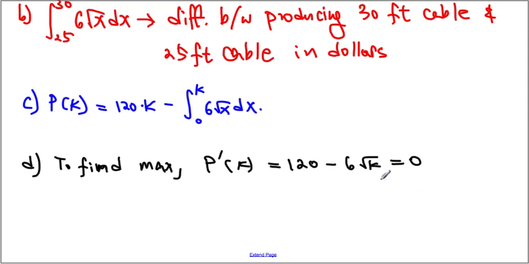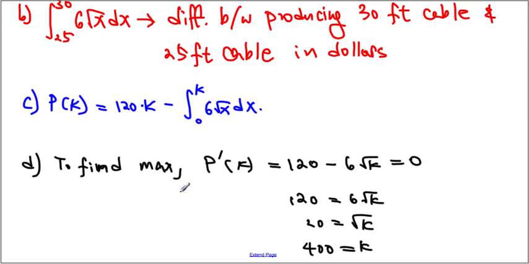Then we get to realize that this is rather simple. 120 equals 6 square root of K. Dividing by 6, we end up getting 20 equals square root of K. Then K becomes 400. Now, when you do the number line test, K being 400, when K is less than 400, let us say 100, if I plug in 100, this becomes positive.